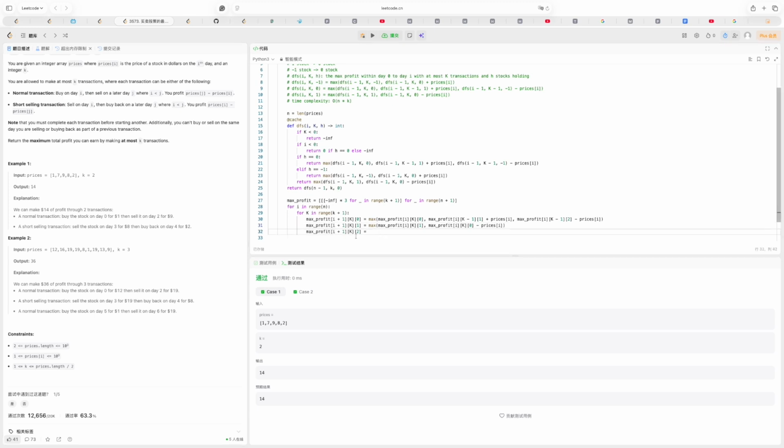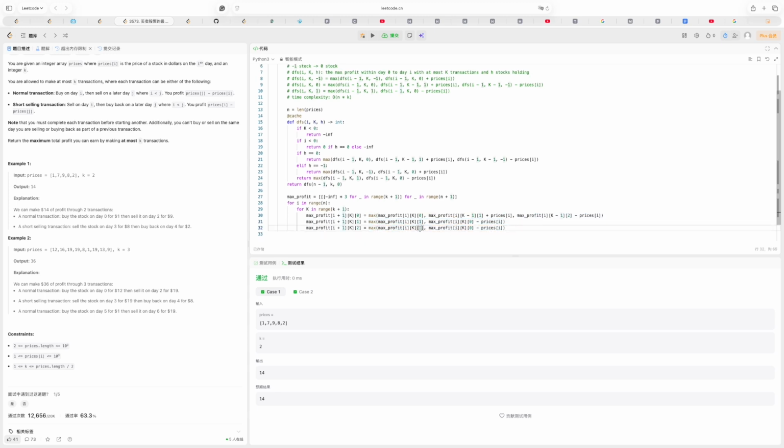And when the H is 2, that means we are owing one stock, then it will be coming from we are still owing in the previous day, and we do nothing today. And then it will also be coming from when we are owing, that means in the previous day we have 0 stock, but we sell a stock, and so we owe one stock, and we haven't finished the transaction yet.